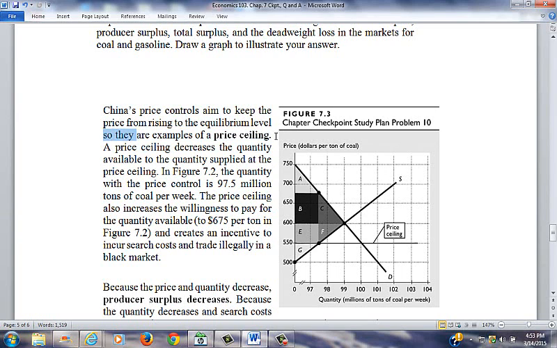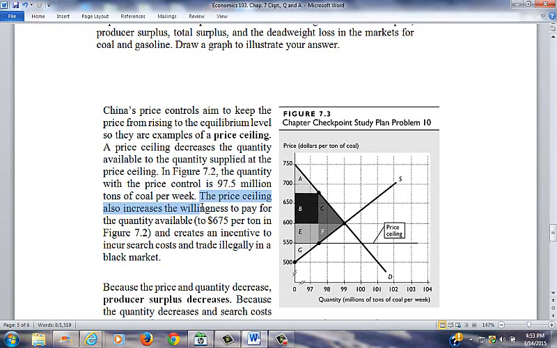A price ceiling decreases the quantity available to the quantity supplied at the price ceiling. So the price ceiling there is restricting the quantity available. In figure 7.2, that was the chart above, the quantity with the price control is 97.5 million tons of coal per week.